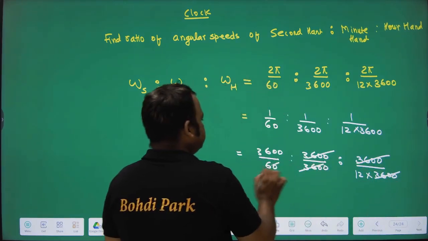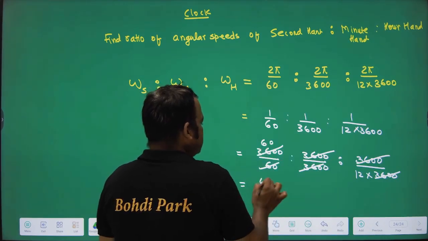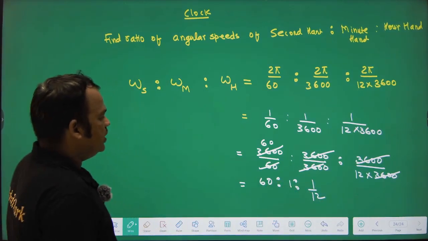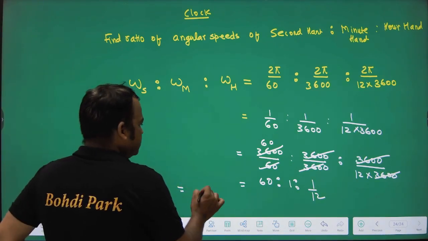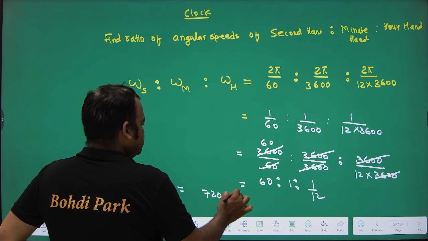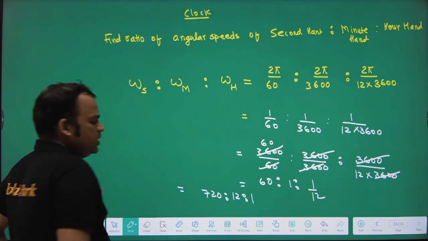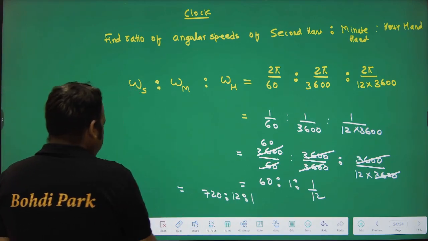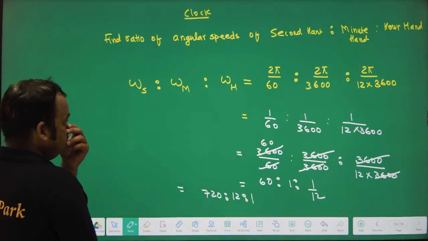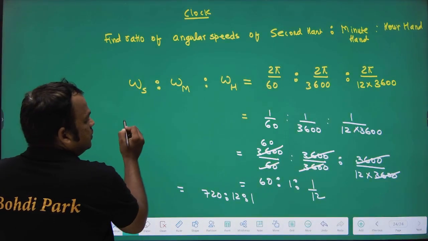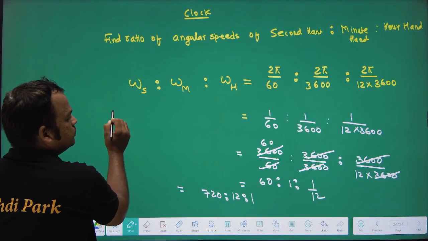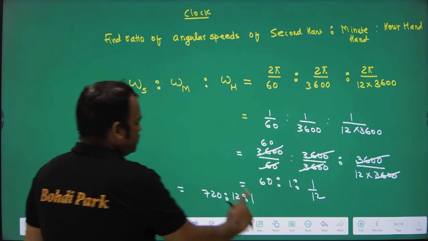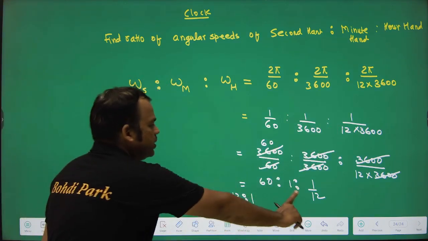So we get 60 is to 1 is to 1 by 12. Now multiply by 12. So we will get 720 is to 12 is to 1. So this is the answer. So we can also have answer as this, this is also answer.